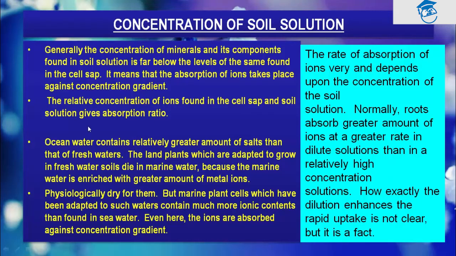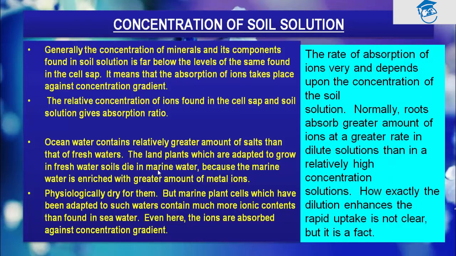Students, please note that ocean water contains a relatively greater amount of salt than fresh water. Land plants are adapted to grow in freshwater soil and die in marine water.